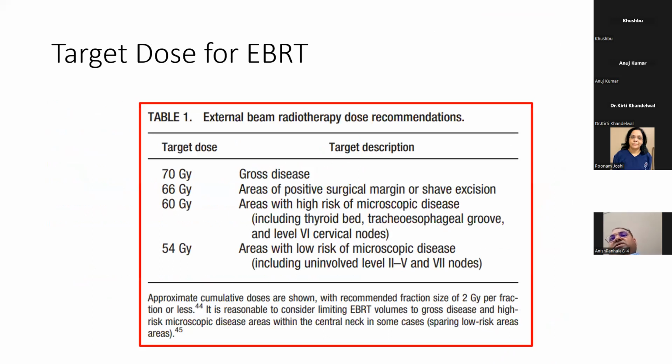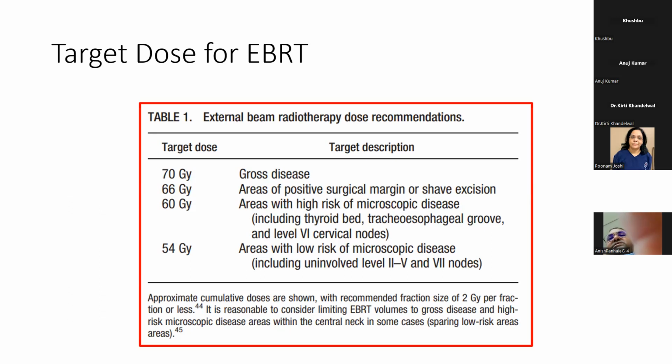Then coming to what doses we use for external beam radiation therapy. Again, as per the recommendations, when we have gross disease, we give the full radical dose, that is 70 gray in 35 fractions. When there is margin positivity, like if we have margins that are very close, or if it is positive, then again we tend to give higher doses, about 64 to 66 gray.